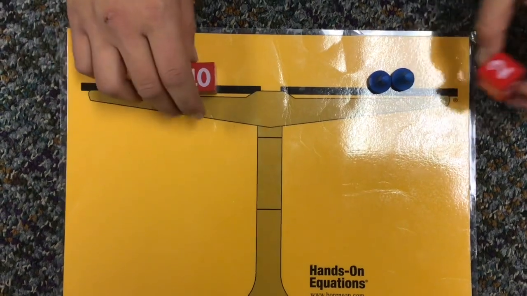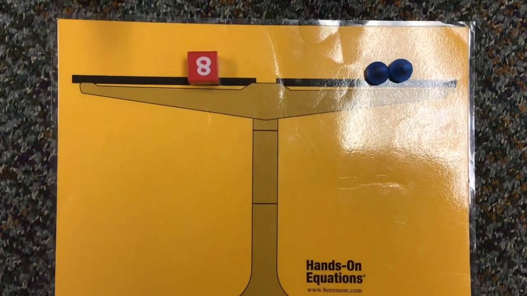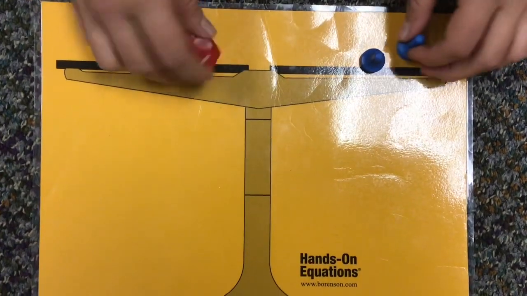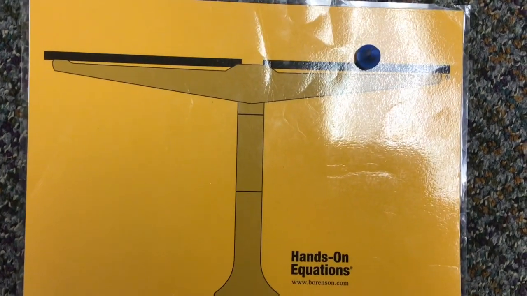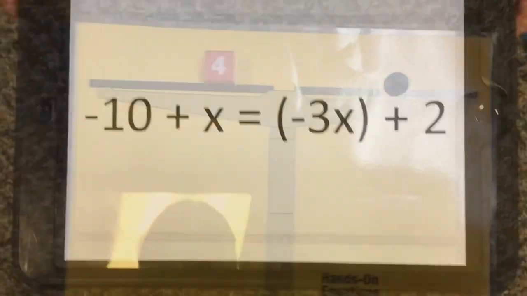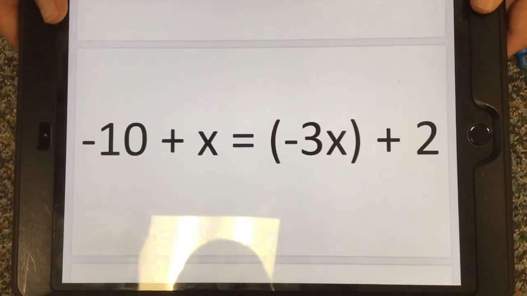So then we take away 2 from each side, leaves us with 8. That would be 8 equals 2x, or, well, by dividing by 2, you get 4 equals x.